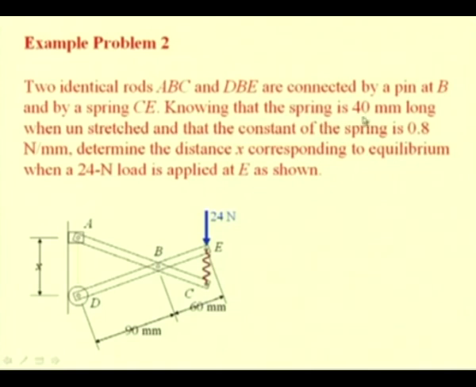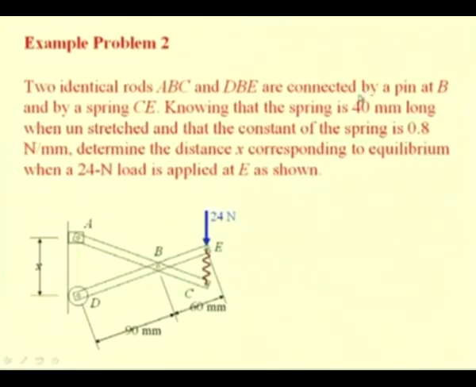The spring constant is 0.8 Newton per mm, and it is known that the spring is 40 mm long when it is unstretched, that is the free length position of the spring is 40 mm long.